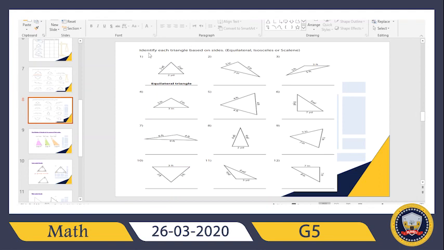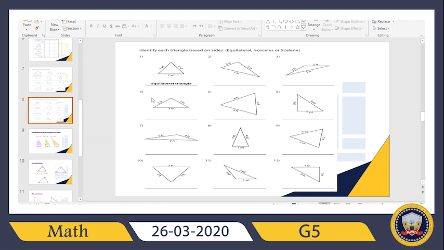Here the question says, identify each triangle based on sides, meaning if this triangle is an equilateral, isosceles, or scalene. So he asks about the name of the triangle based on the side length, because we're going to take another topic, so you have to take care of the question.